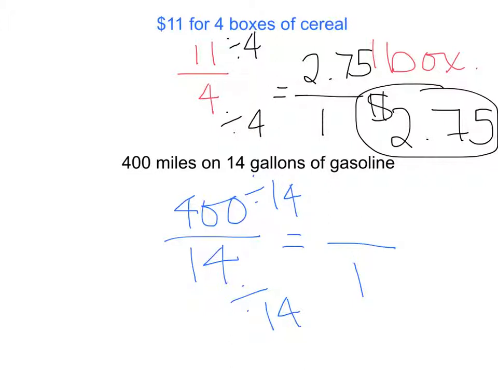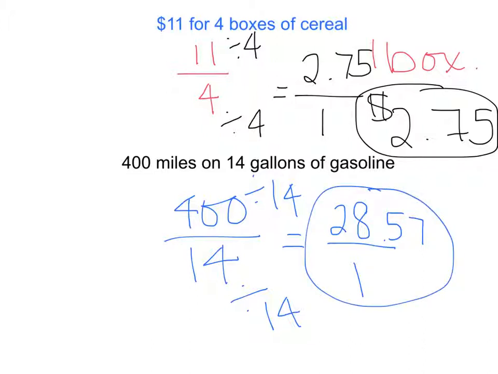If we divide 400 by 14, we get 28.57, and it continues on, but you could just round it to the nearest hundredth or tenth. So that means that you could travel 28.57 miles on 1 gallon of gas.